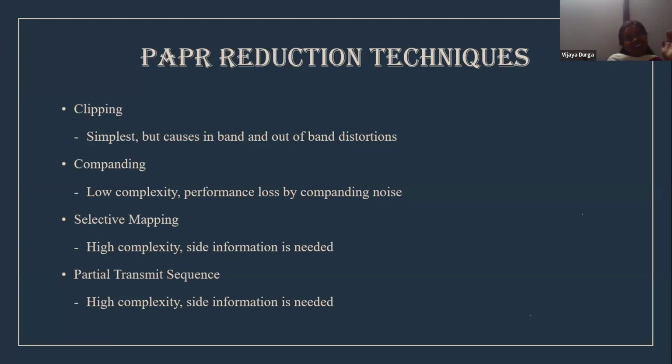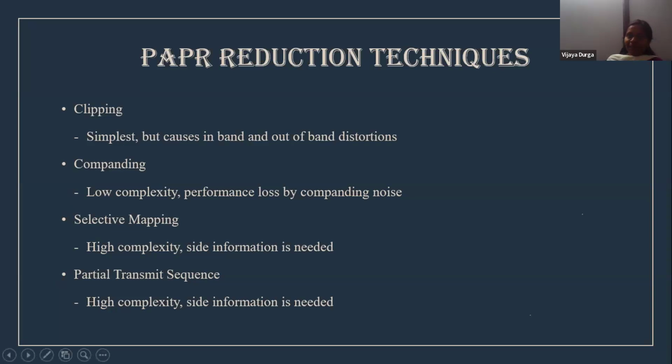That means the BER is high compared to without companding or without clipping, where the BER is good. So there is a trade-off between PAPR and BER, and we need to be careful with companding. Coming to clipping, it is very simple.